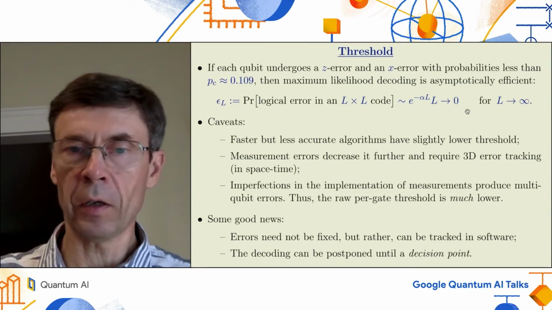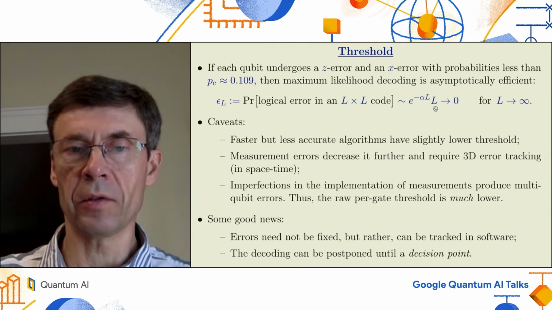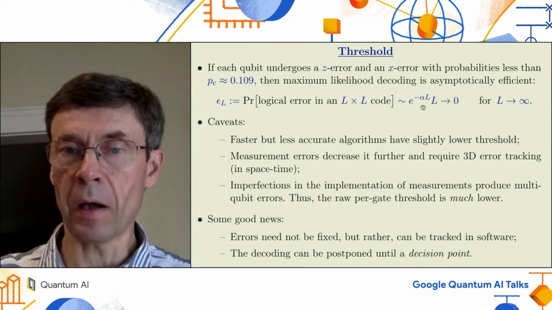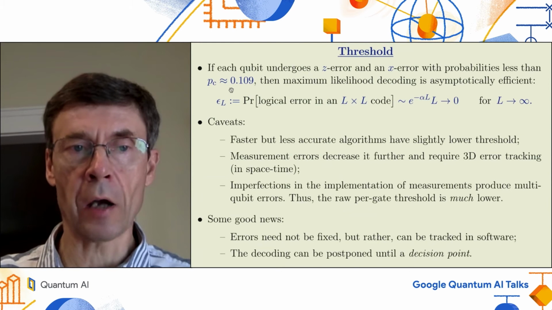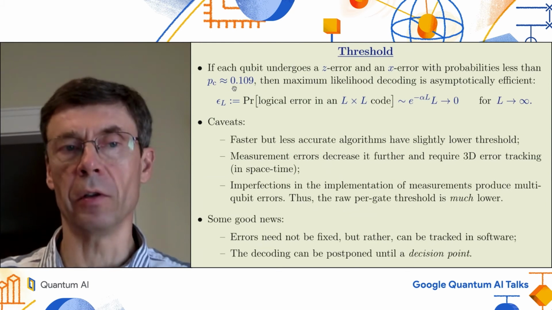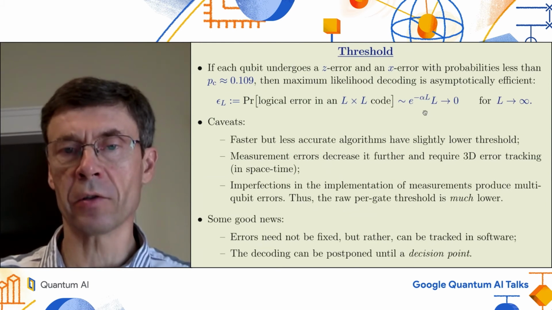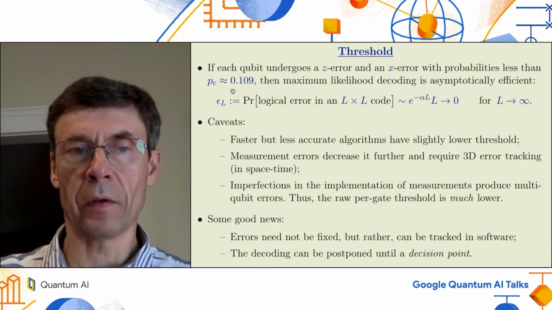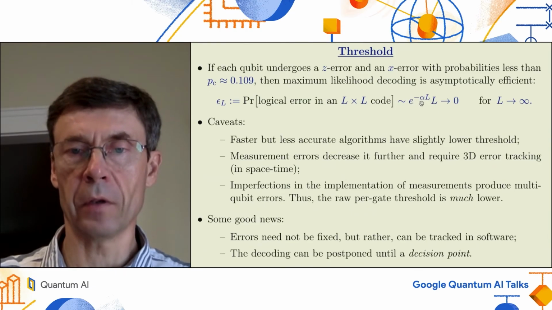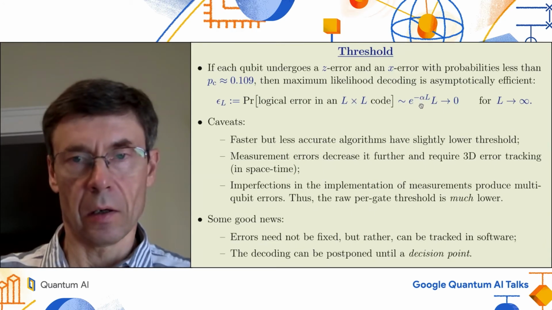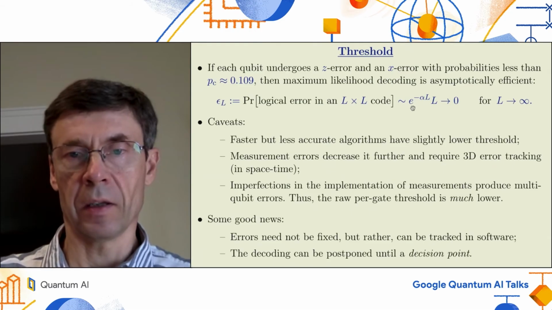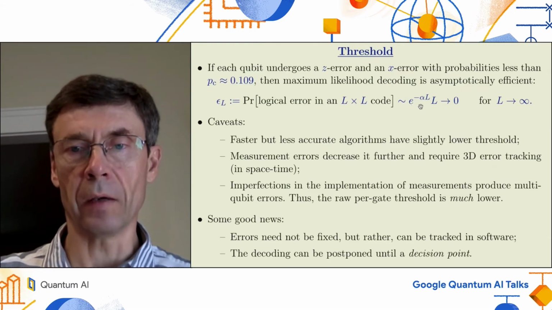As L goes to infinity, the probability goes down to zero exponentially, with some parameter alpha that depends on how close we are to this threshold. If we are at the threshold, then alpha is zero. If we are much below this threshold, then alpha is sufficiently large. The Google paper uses a related parameter lambda. It's basically e to the minus 2 alpha.